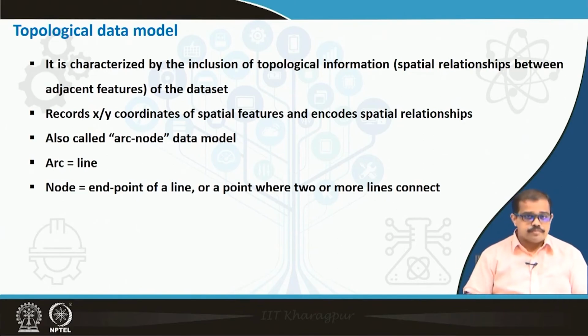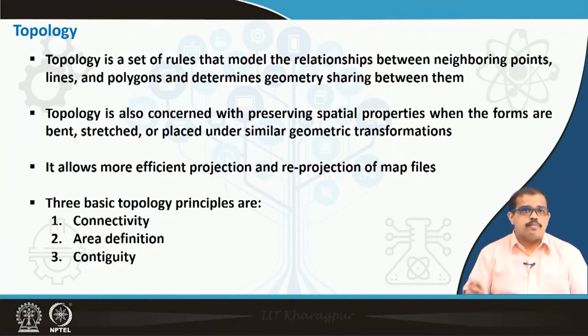When we are looking at topology, topology is a set of rules that model the relationship between neighboring points. In a spaghetti model, we are not worried about relationships; it is just about points, lines and polygons. Here it is completely different: it is between neighboring points, lines and polygons.